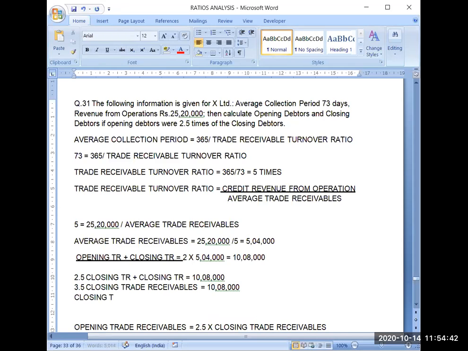Now I can calculate closing trade receivables. Closing trade receivable is equal to 10 lakh 8,000 divided by 3. So 3 3s are 9. Then again remainder will be 1. So again 3 3s are 9. Remainder will be 1 and 8. So 3 6 are 18.